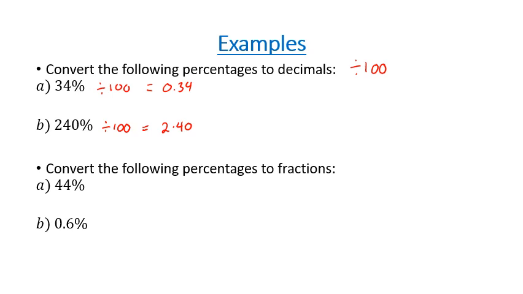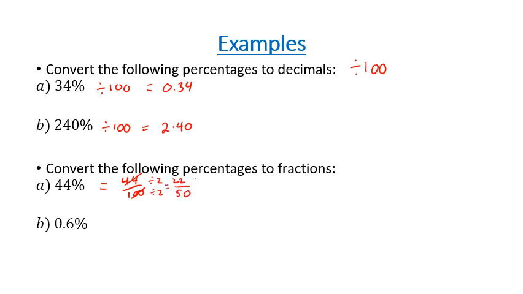The bottom bit says convert the following to fractions. Well, 44% literally means out of 100. So this becomes 44 over 100. That can be cancelled down. If we divide by 2, we end up with 22 over 50.